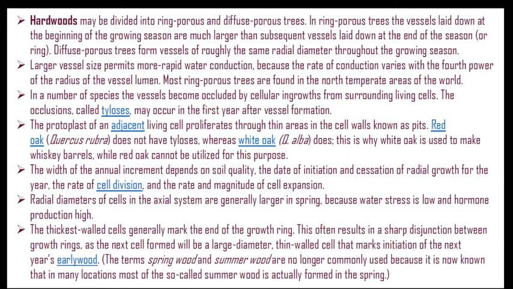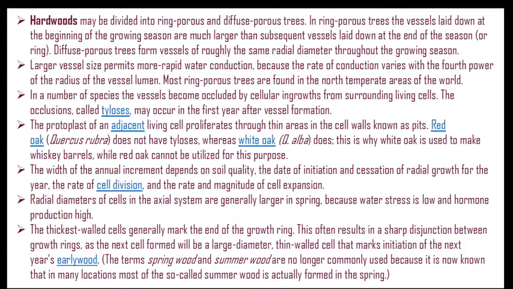So first of all, the rate of cell division, and then the rate and magnitude of cell expansion or cell elongation, or the expansion of a vessel lumen or central cavity.